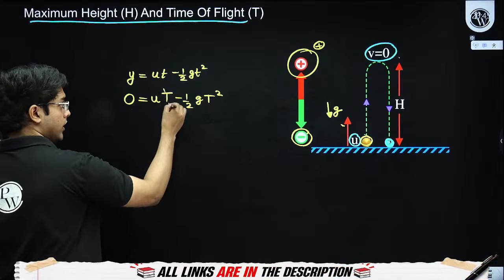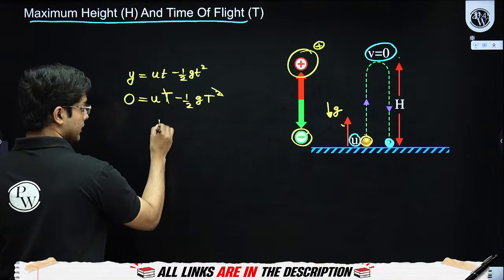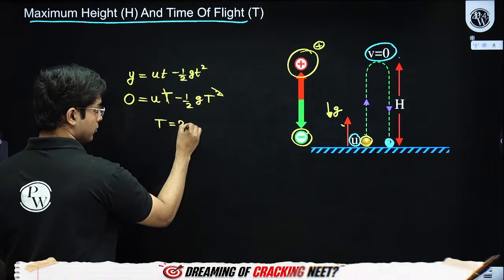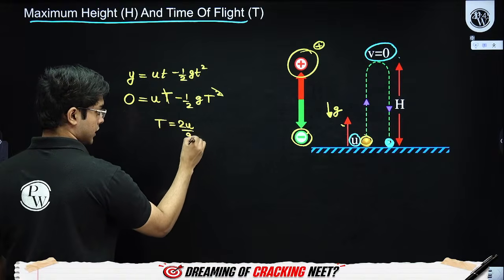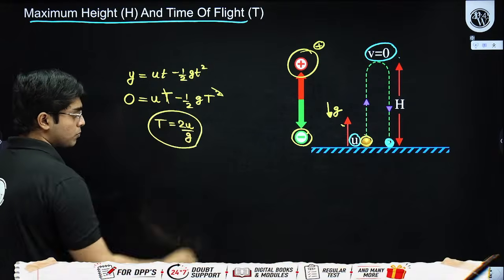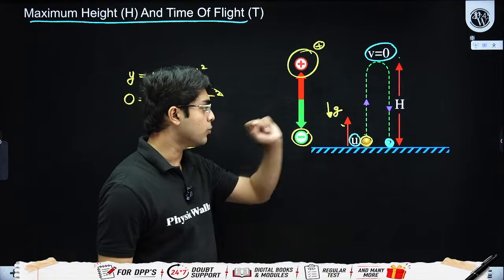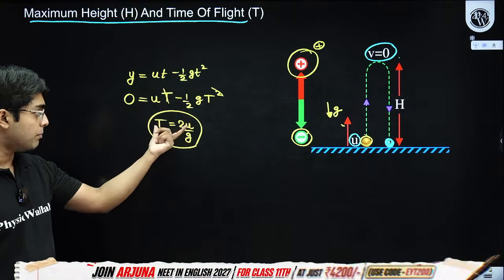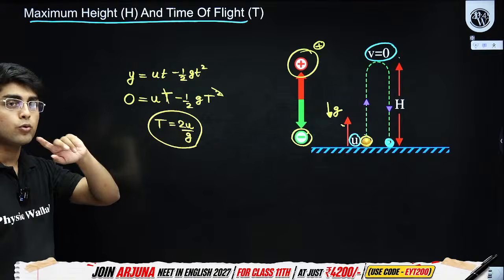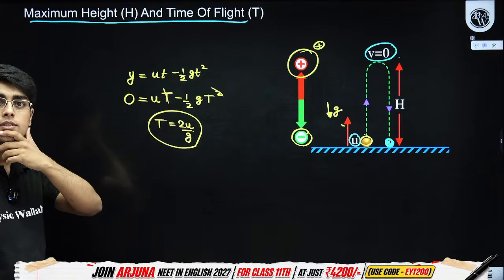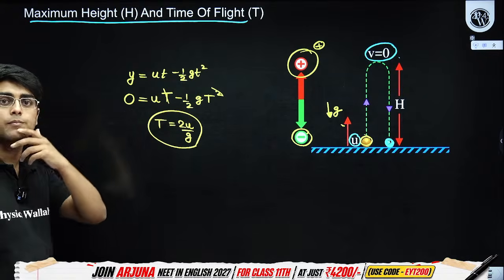Now cancel out one t, and the time of flight you get is 2u by g. So if you project a ball upwards with u meters per second, it comes back to your hand after 2u by g time.